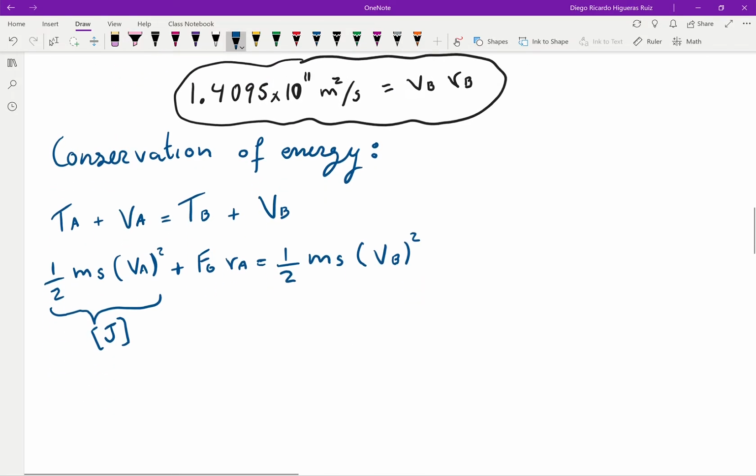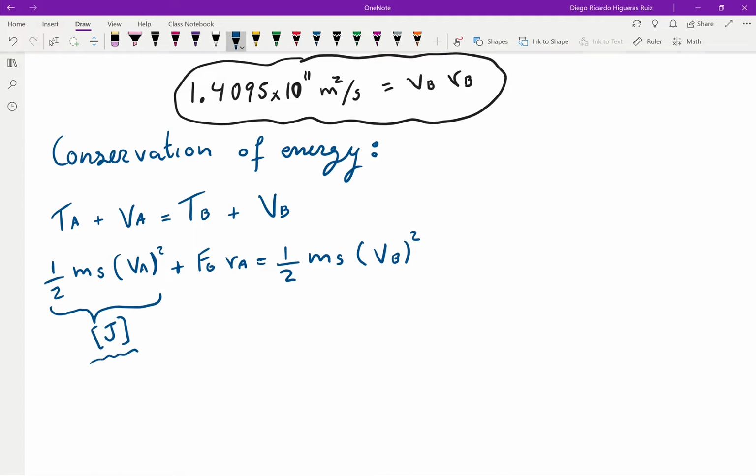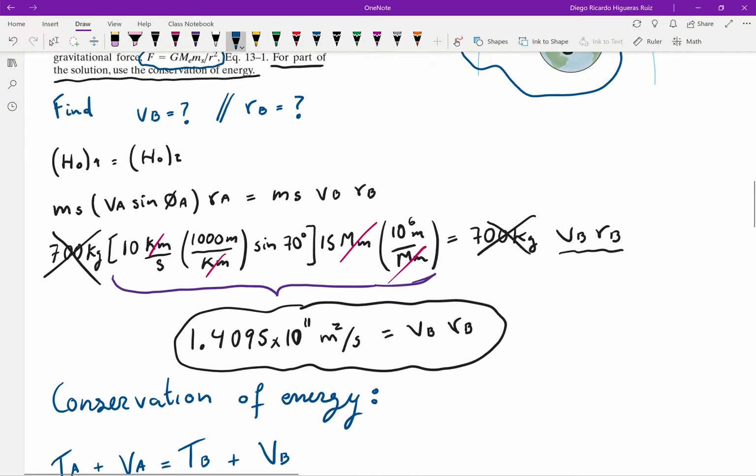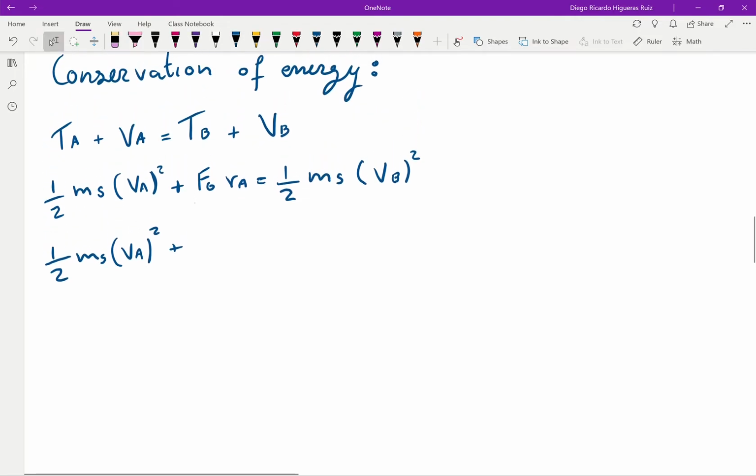Alright, let's go ahead. I said my kinetic energy is in joules because that's energy, and my potential energy is also in joules, and I can check this: newtons times meters is joules. Okay, that makes sense. I'll write the kinetic energy as it is, and now I'm just going to substitute the gravitational force.